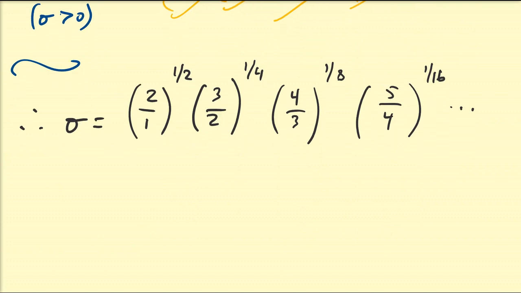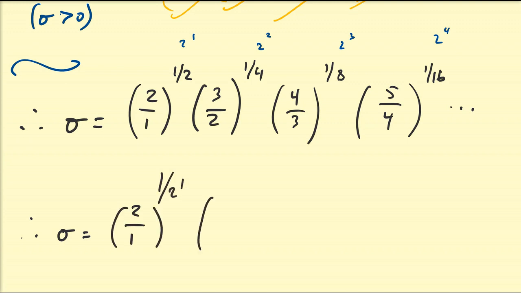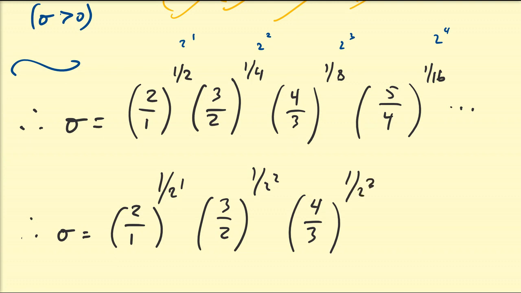All right, so what do I have here? I'm going to represent this as 2 to the 1st, 2 to the 2nd, 2 to the 3rd, 2 to the 4th, and so on, just as before. So I have sigma is equal to 2 over 1, 1 over 2 to the 1st, 3 over 2, 1 over 2 to the 2nd, and then 4 over 3, 1 over 2 to the 3rd, and so on.